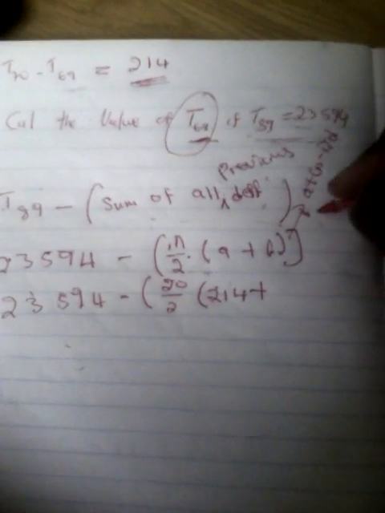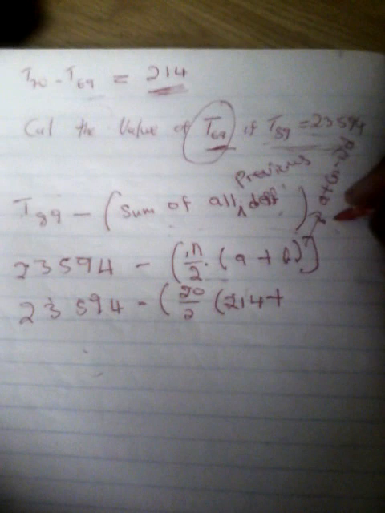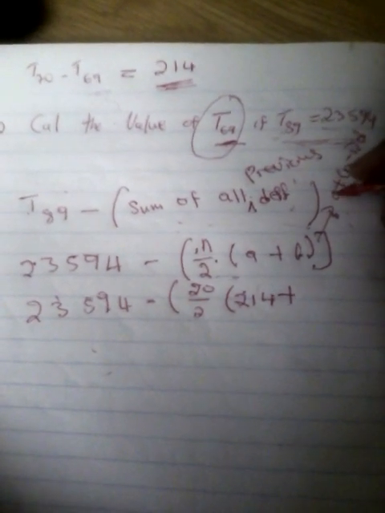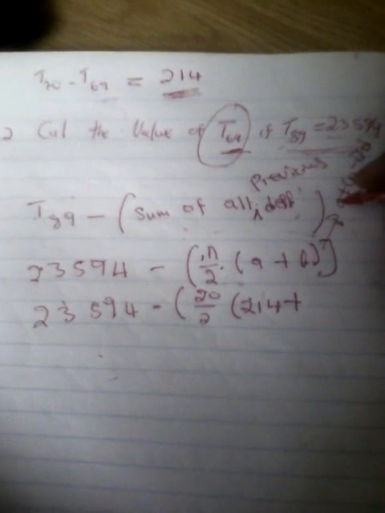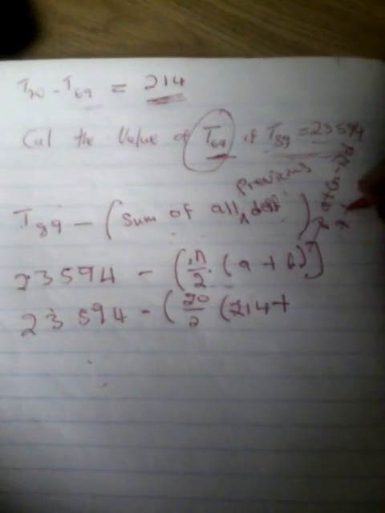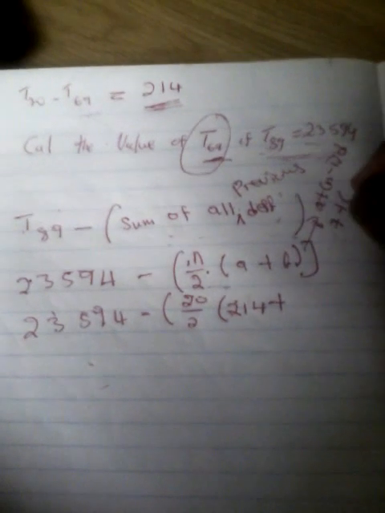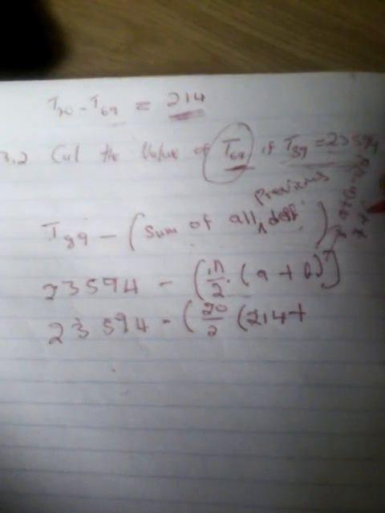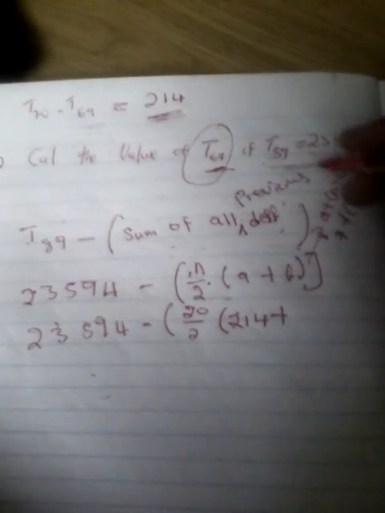We know that a is what? A, the first term, was 7, plus the number of terms up until the last term, up until 89.